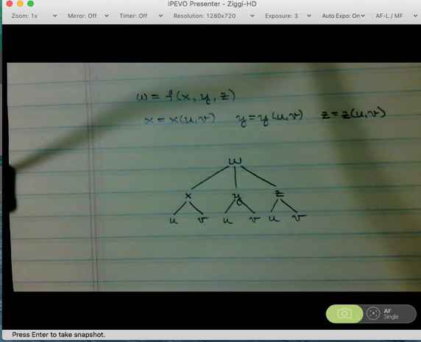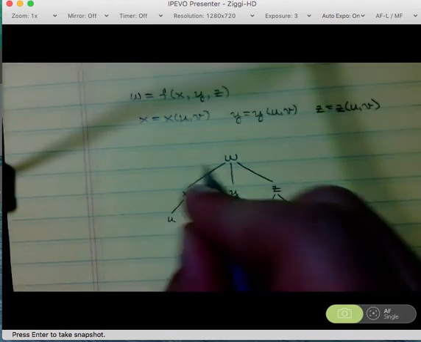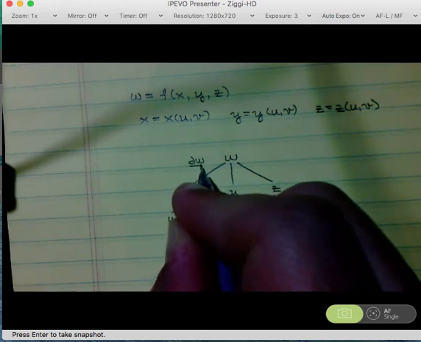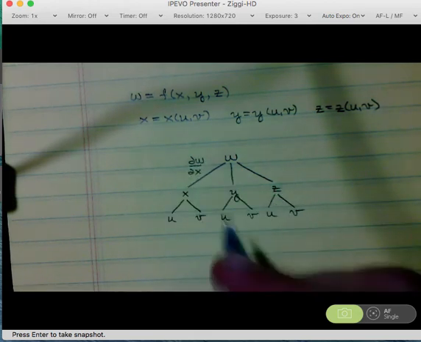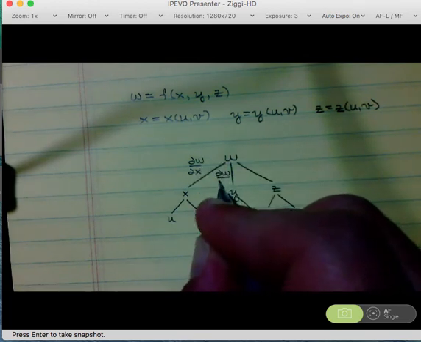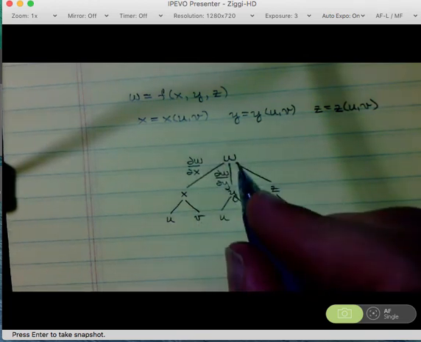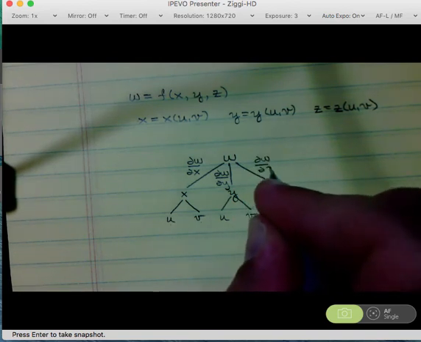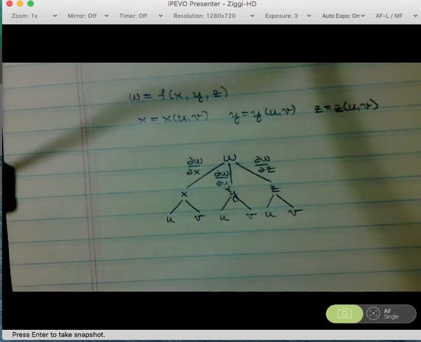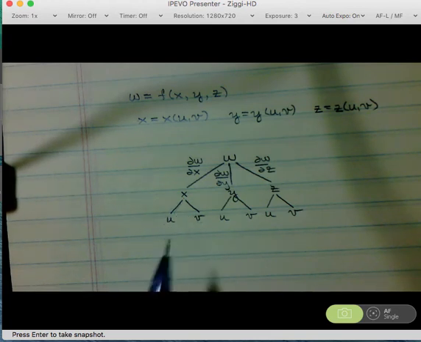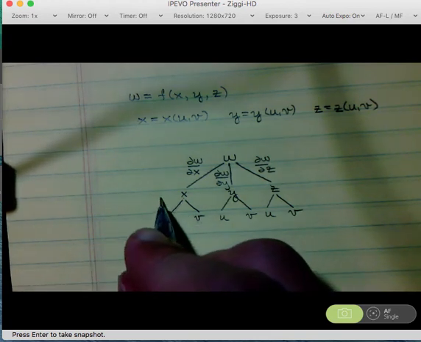And then we label each one of these branches. Along this branch going from w to x, the partial of w with respect to x. Along this branch going from w to y, the partial of w with respect to y. And then along this branch going from w to z, we put the partial of w with respect to z. And then along these branches here, looking at x, it has a dependency on 2 variables, so we need partial derivatives.